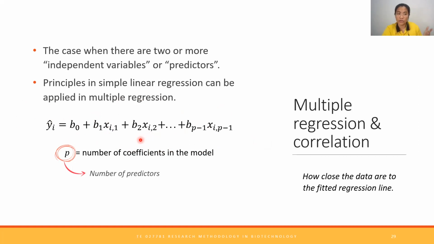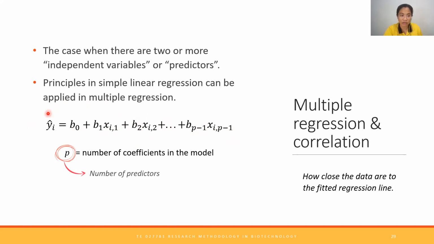So you can still use the same principle of linear regression for multiple regression, but in linear form like this. When I say linear, it's because nothing here has a square, a log, or a power.